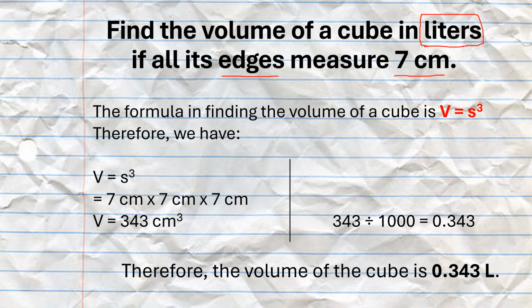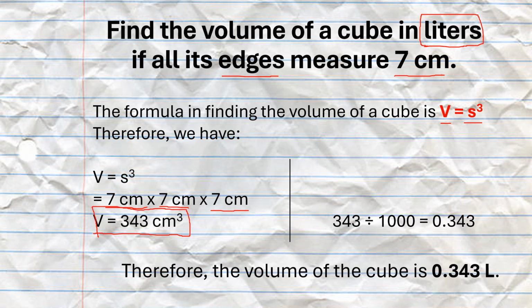So we have volume equals S cubed, that is the formula, and substituting the value of S, 7 centimeters times 7 centimeters times 7 centimeters, we now have volume equals 343 cubic centimeters.